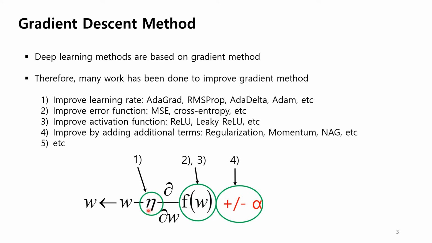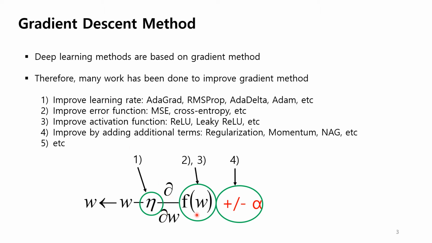That's the first direction. So we try to improve the learning rate part, and many works are done, including AdaGrad, RMSProp, AdaDelta, Adam, etc. We're going to talk about it. So this is the first direction of improving gradient descent.